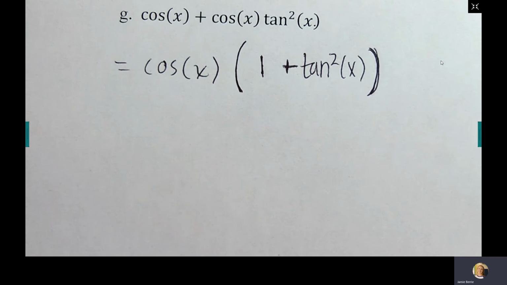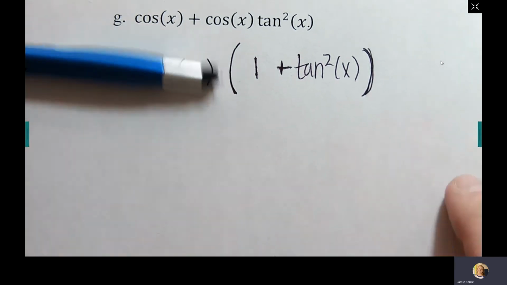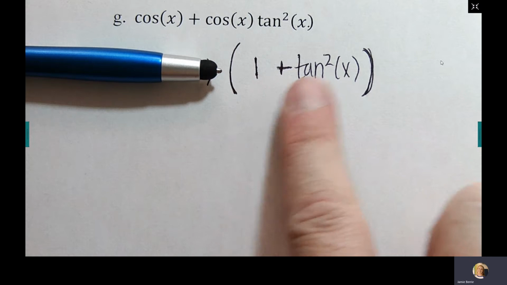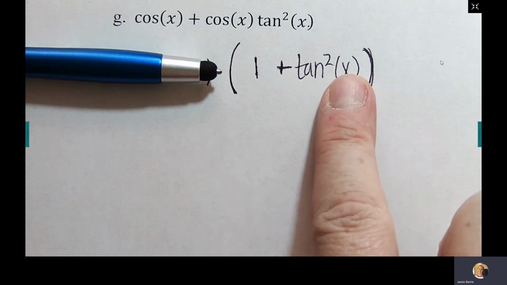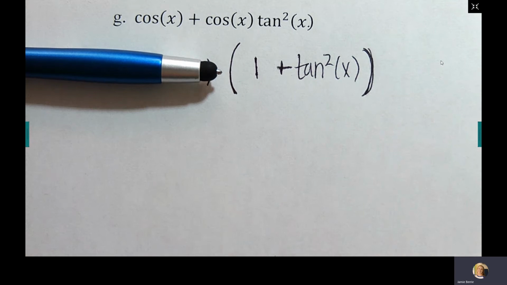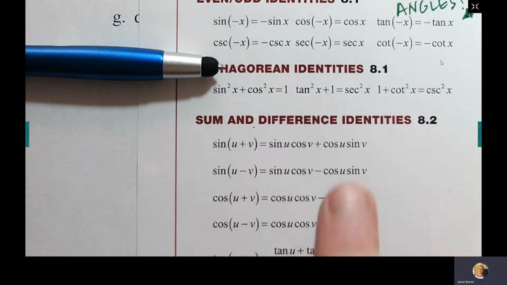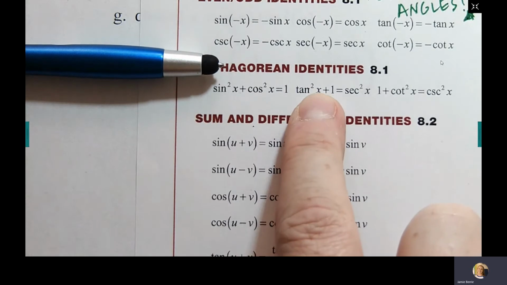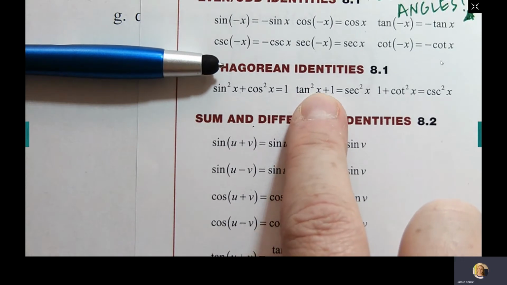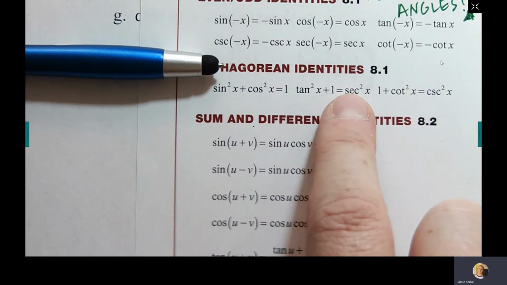Okay, so ignore this first part for a second. Whenever we see a trig identity or trig function being squared and a 1, what do we think of? Pythagorean identities. All right, so we'll look at our sheet, look at the Pythagorean identities. 1 plus tangent squared x is secant squared x.